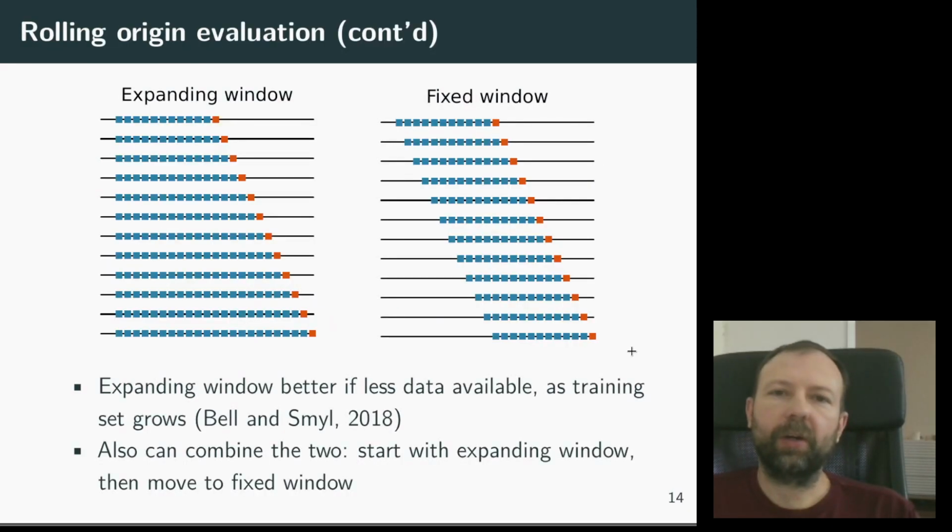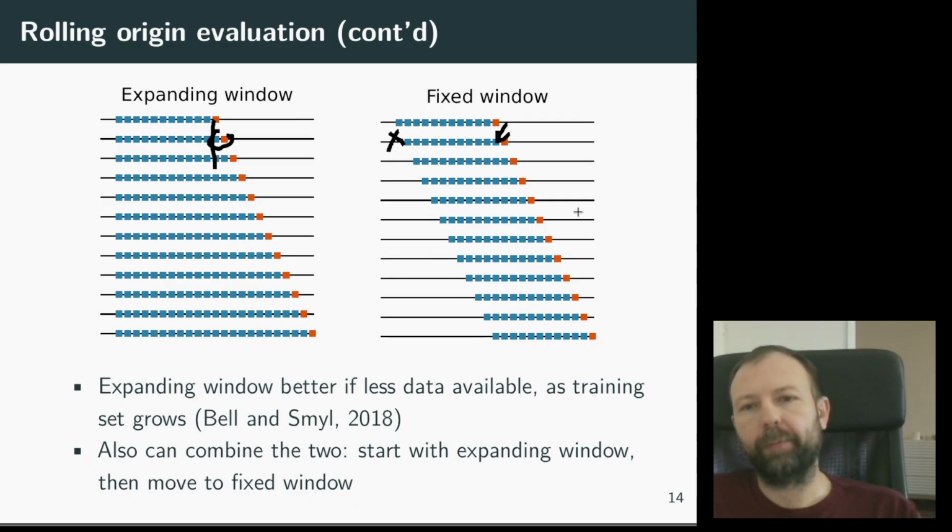Okay, so let's go back to rolling origin. You can do that now in two main ways. You can have this expanding window, where the training set grows, so with every new data point that I'm getting, I add that to the training set. You can also do fixed window, where for every new point that you're adding, you delete one point from the end and make it in this way fixed.